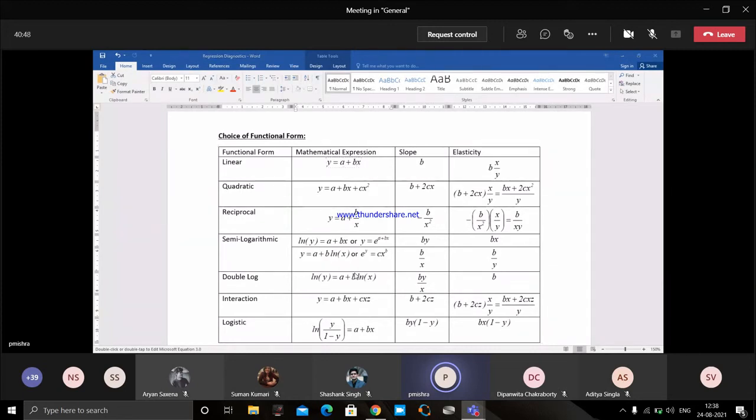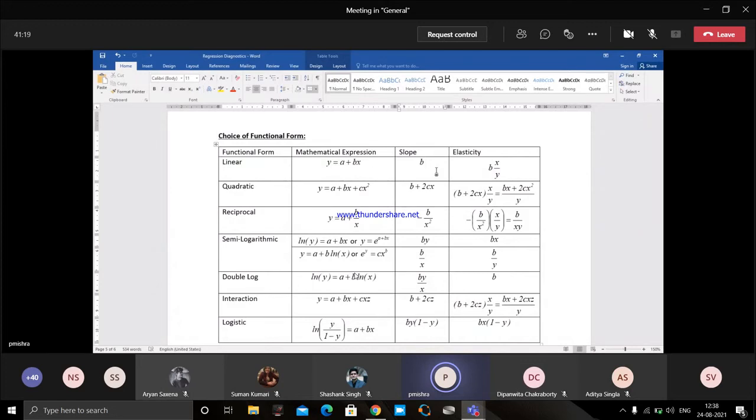Then what happens? Now you see, this is the marginal propensity to consume, B, and this marginal propensity to consume in linear form is constant.